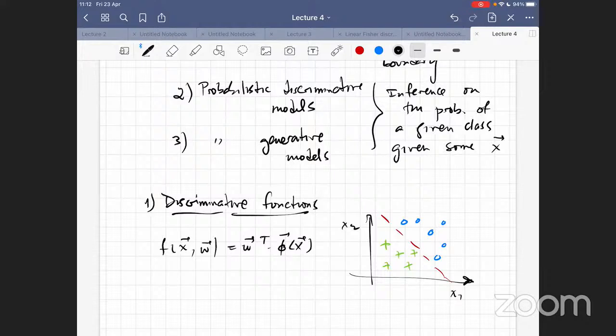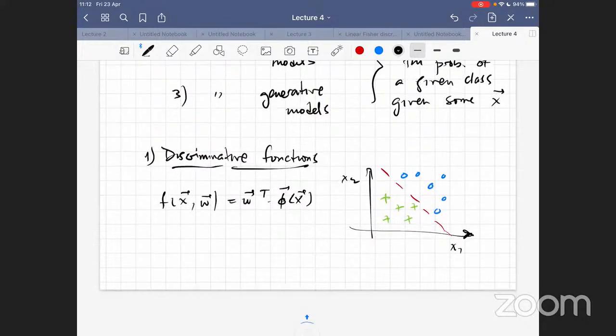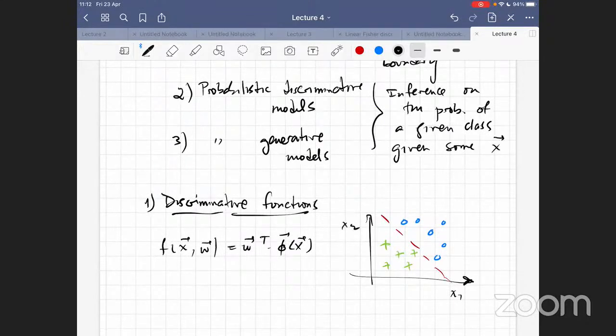In the sense that, imagine your original input space doesn't seem to be linearly separable, and then you may have something like this.